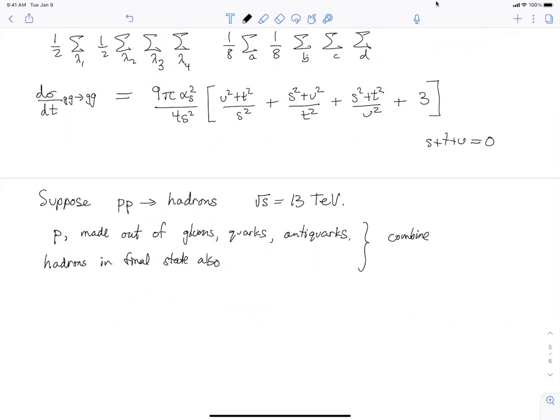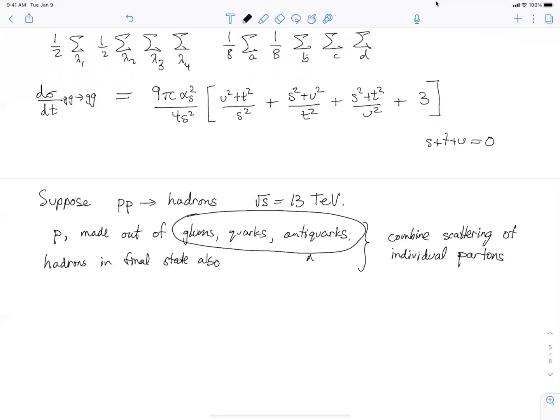So we're going to combine the scattering of the individual partons. Partons is Richard Feynman's word for quarks, gluons, and antiquarks. Okay, so we will learn how to do that on Friday.